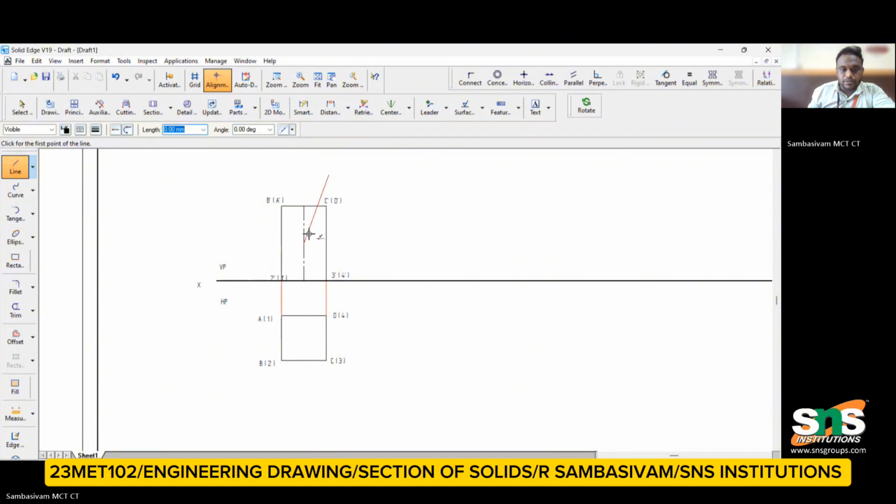Similarly, this angle will be 70. So I have drawn it like this, and it has been cutting through.